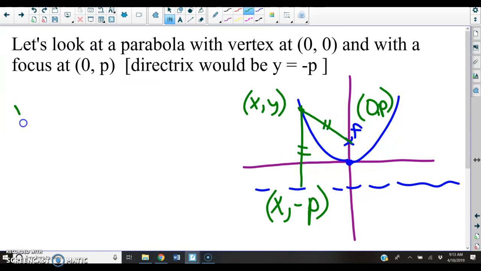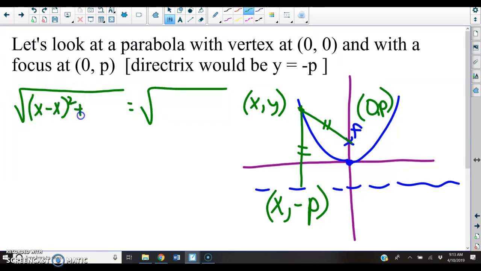So if you take a look at the distance formulas, the vertical distance would be the square root of (x minus x) squared plus (y minus negative p) squared. So it's going to be y plus p. And the other way, we're going to have the square root of (x minus 0) squared plus (y minus p) squared.